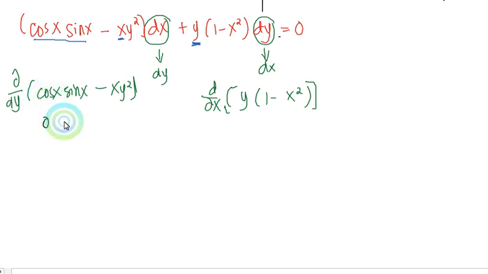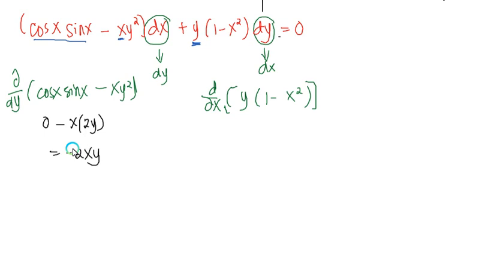So we have 0 minus the derivative of x y squared. X is constant, so we copy it first. We have y squared. The derivative of y squared is 2y. So our answer is negative 2xy. Then y is constant, so we just copy it.